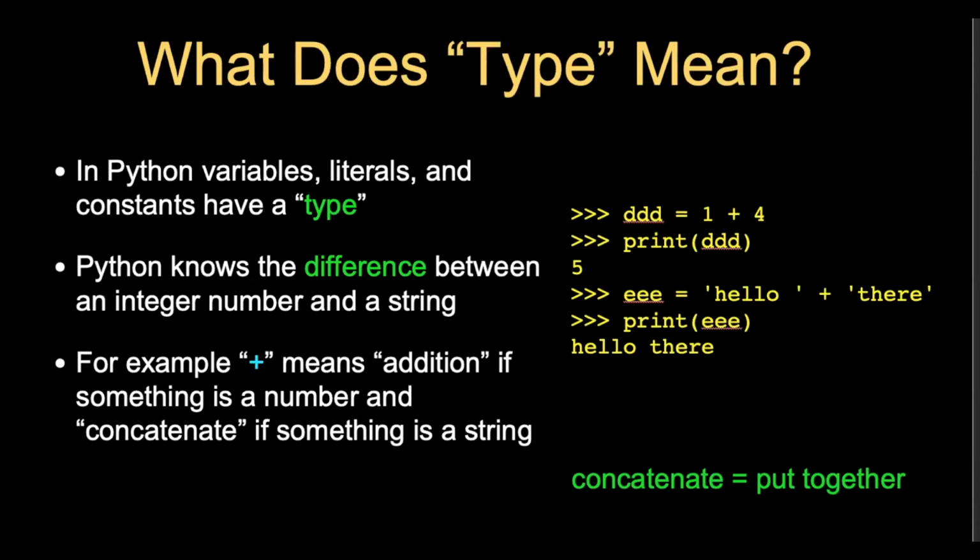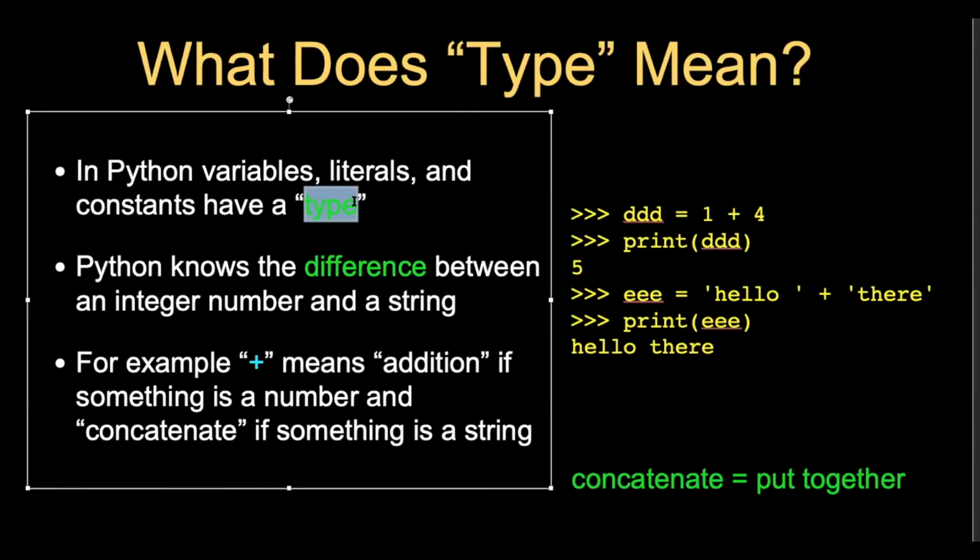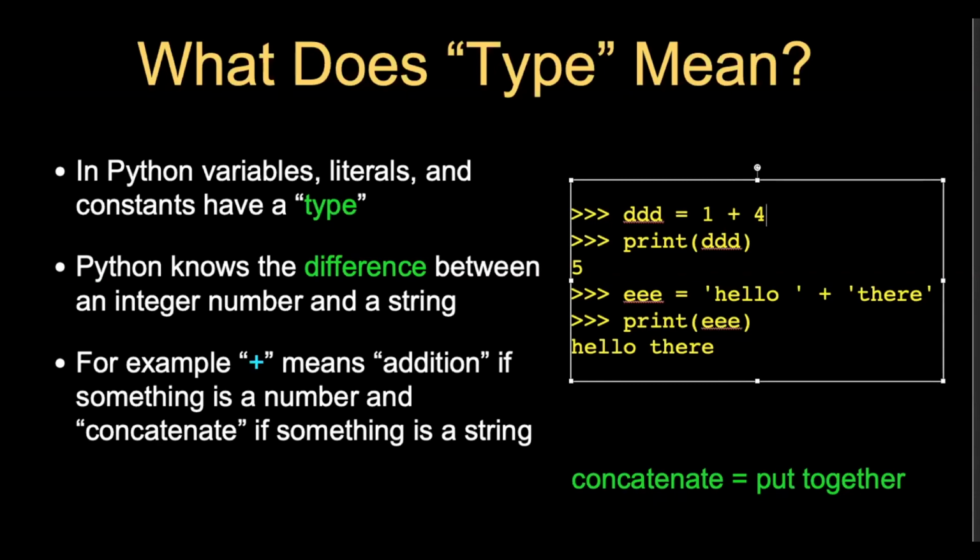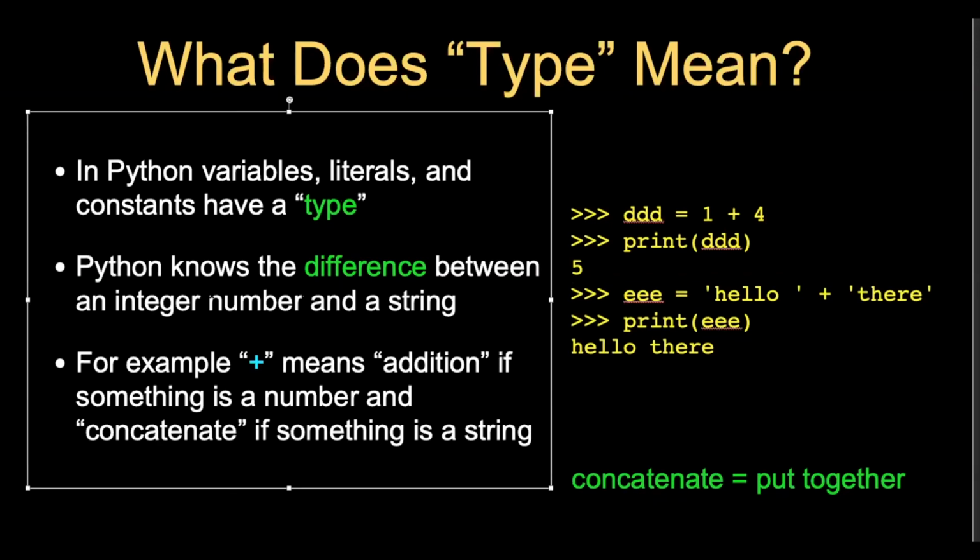Okay, so what does type mean? In Python, variables, literals, and constants have a type. So we kind of talked about that, right? The difference between 4 bytes and 8 bytes is the difference between types. One is the integer and the other one's float. So the same thing can happen when we're dealing with an integer number and a string.